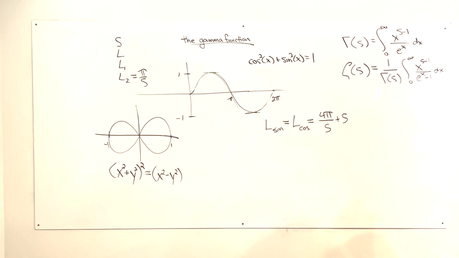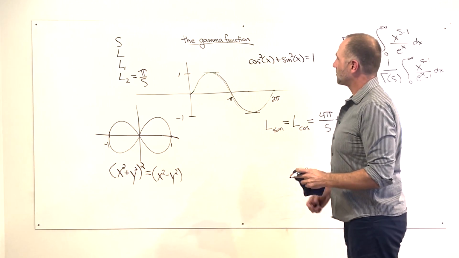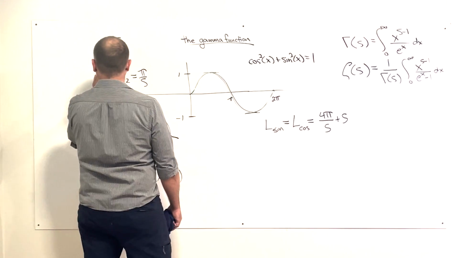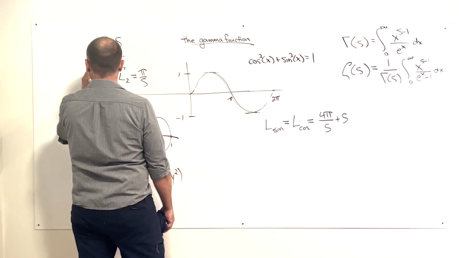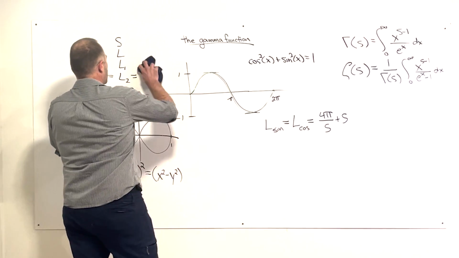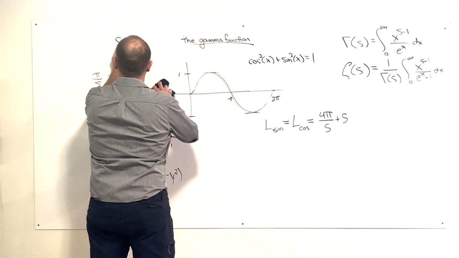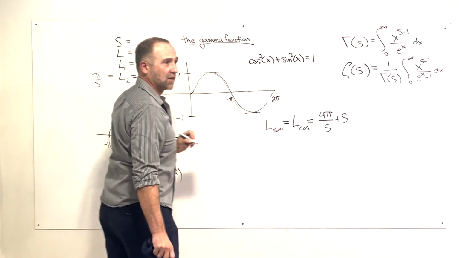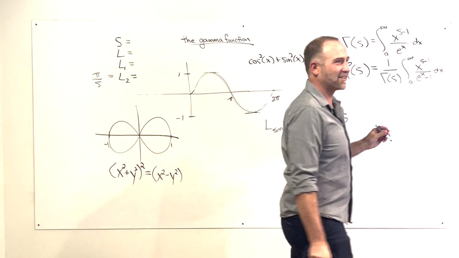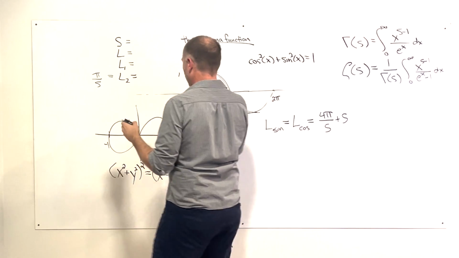Yes. Okay, but I can write these 4 Lemniscate constants all in terms of pi over S over here, because I want to write all of these now in terms of the gamma function. So the first one, actually I'm going to need more space.